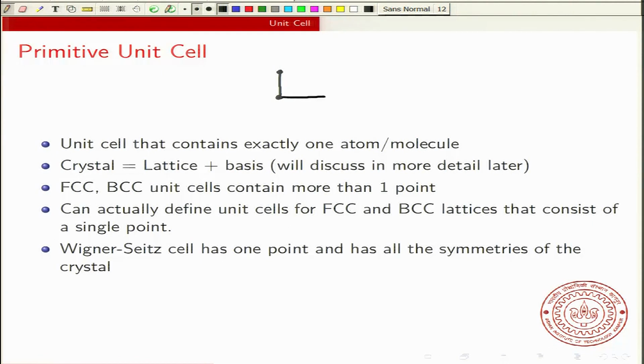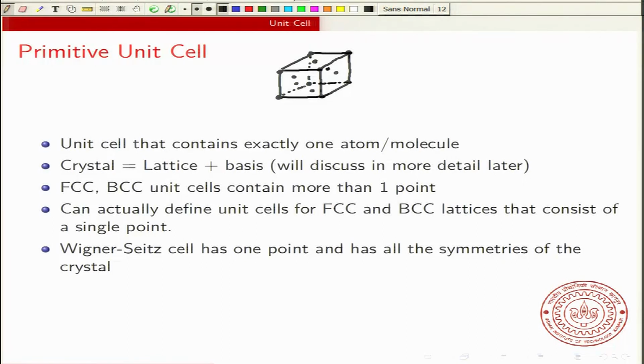If you had a face centered cube, then we would think that there are these points, which could be atoms if it is an FCC crystal, and we say that these points are also located at the face centers.